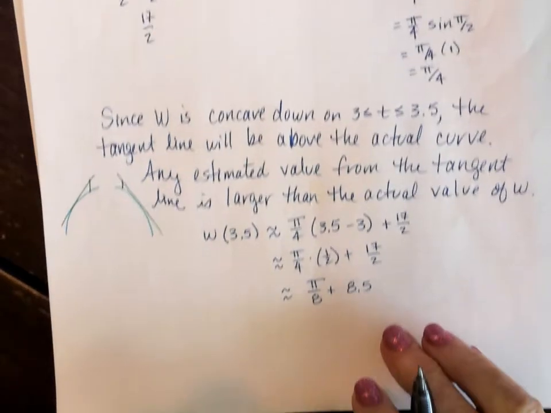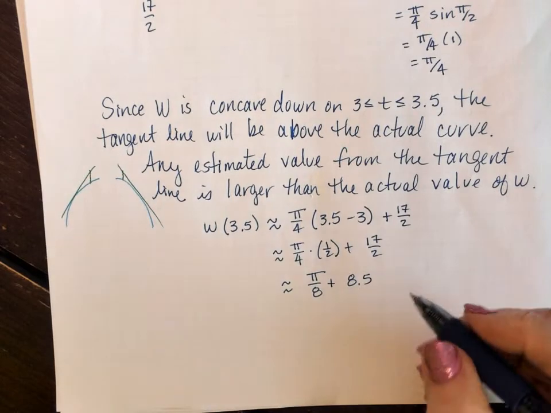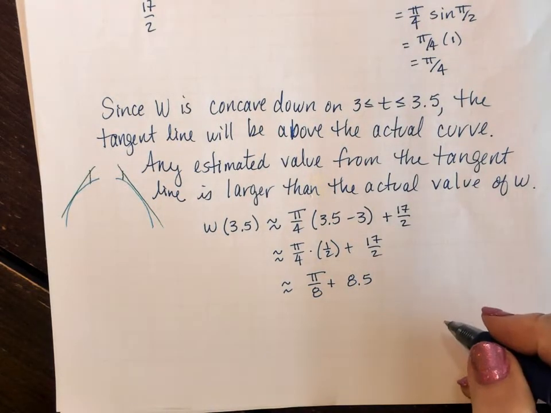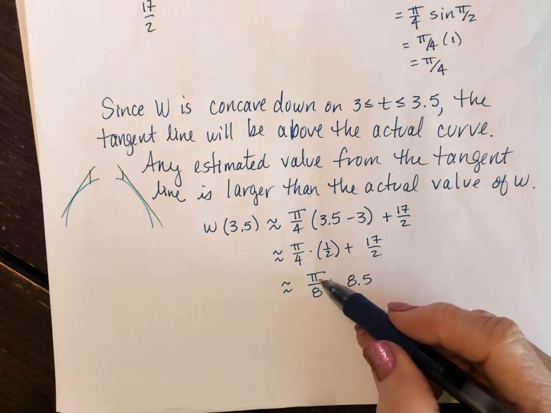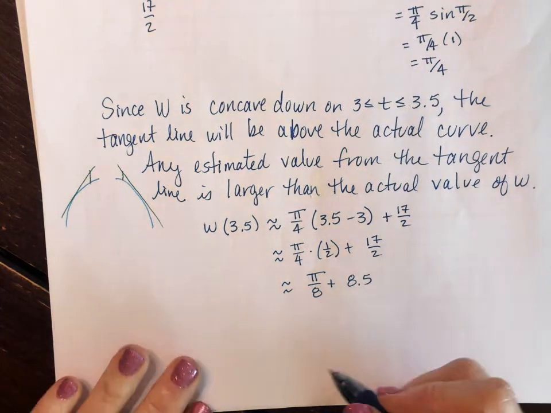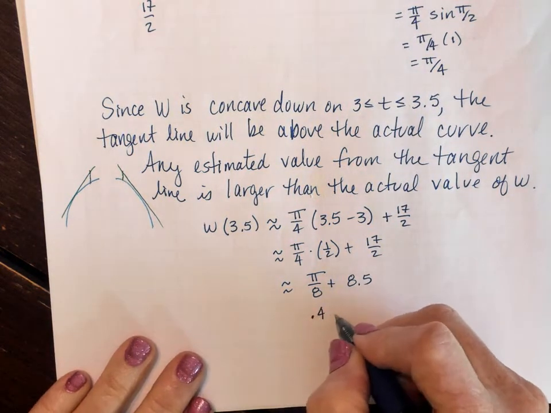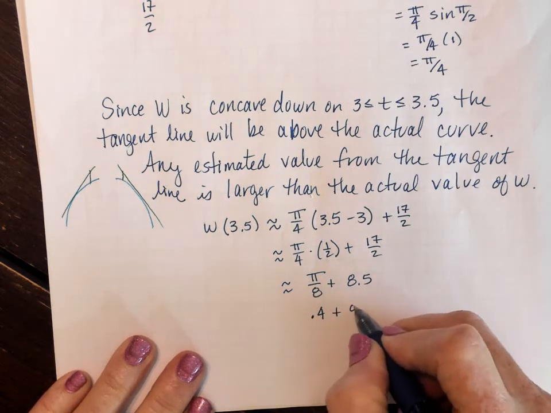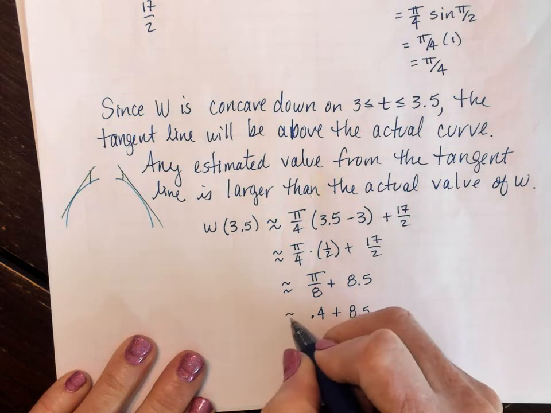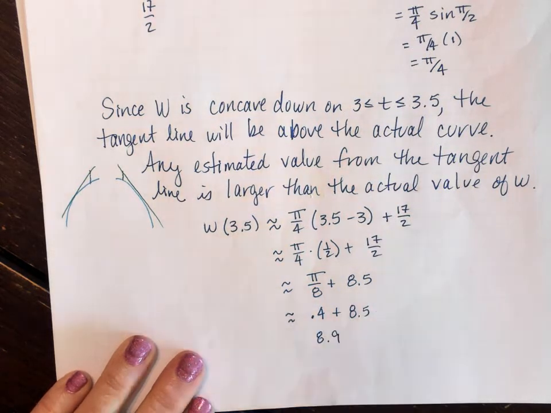Okay, now how big is pi over 8? Well, pi is roughly 3.2, just because I can divide 3.2 by 8 pretty easily. That's 0.4, but pi over 8 is really going to be less than 0.4. And this is 8.9.